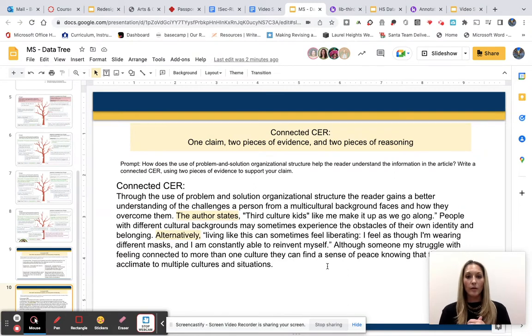Through the use of problem and solution organizational structure, the reader gains a better understanding of the challenges a person from a multicultural background faces and how they overcome them. The author states, third culture kids like me make it up as we go along. People with different cultural backgrounds may sometimes experience the obstacles of their own identity and belonging.